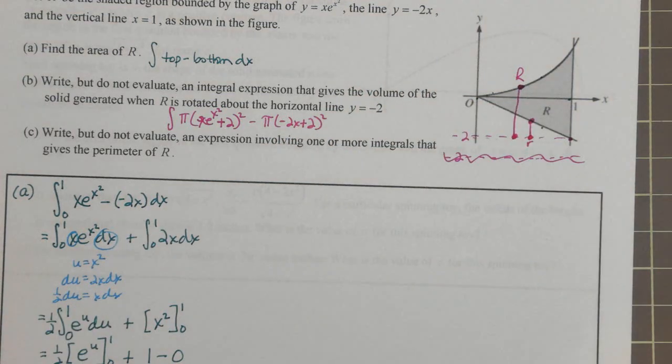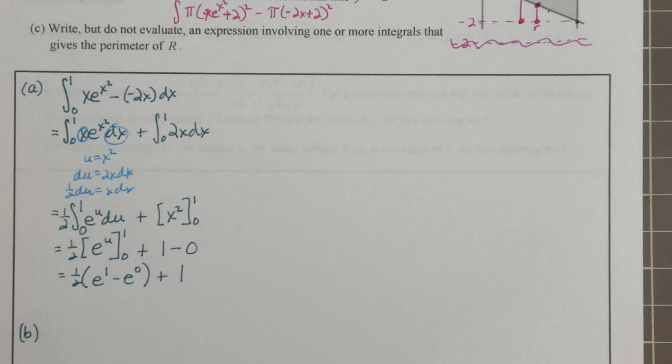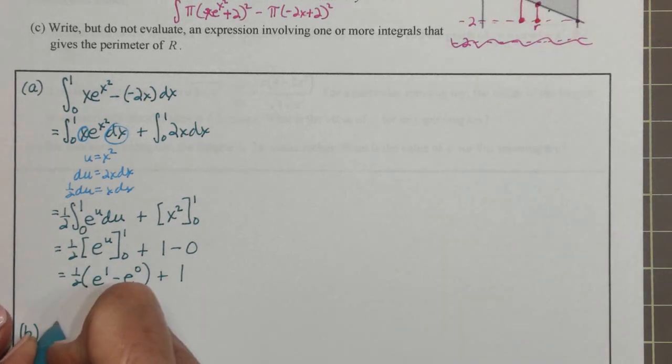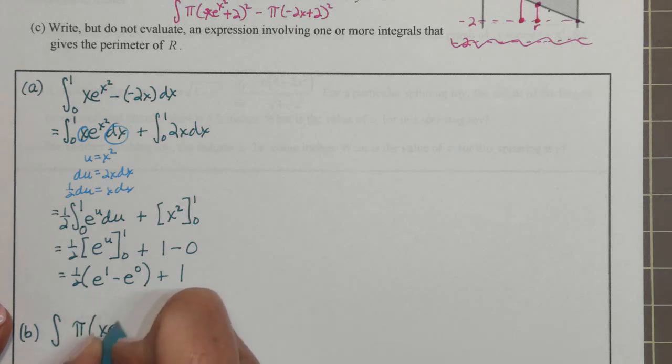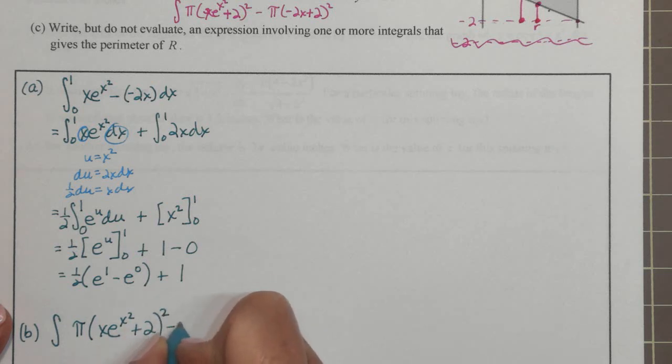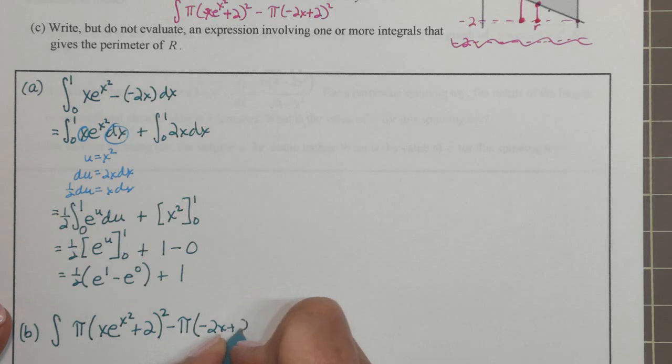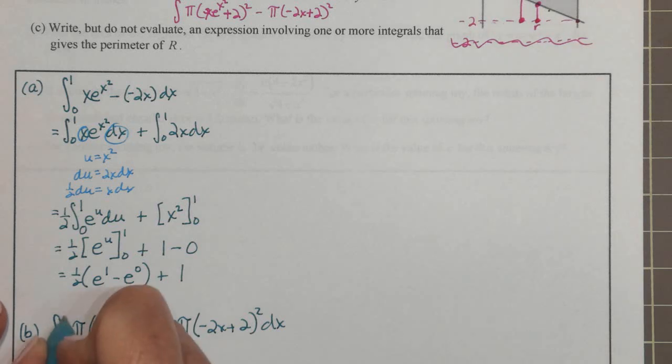So I can write that down here in the box because they're not going to see it up there. Integral pi times x e to the x squared plus 2 squared minus pi times -2x plus 2 squared dx. Now I need some boundaries. My boundaries are still 0 to 1. That's it.